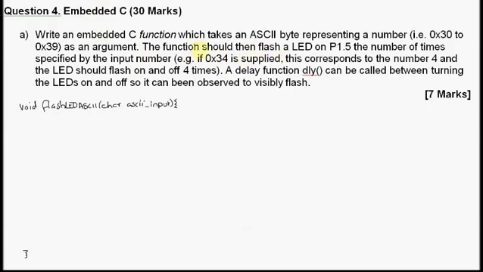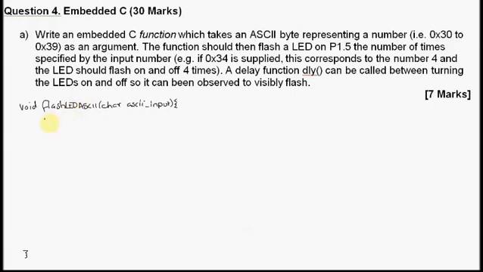So this function should flash an LED on P1.5 the number of times specified by the input number. So if we give the value 34, this corresponds to number 4, and we should flash the LED on and off 4 times. And we've got a delay function that we can call.